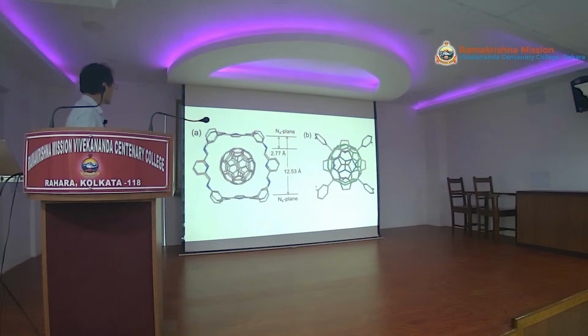The interesting thing is that here's a porphyrin, and the porphyrin-fullerene intermolecular distance is 2.77 angstrom, which is quite narrow compared to typical pi-pi stacking distances, which are around 3.3 to 3.6 angstroms.